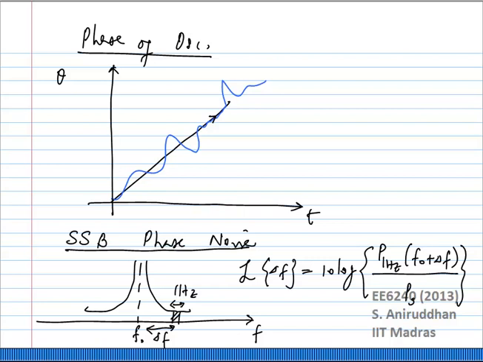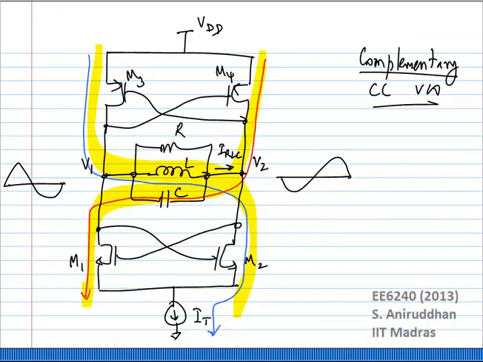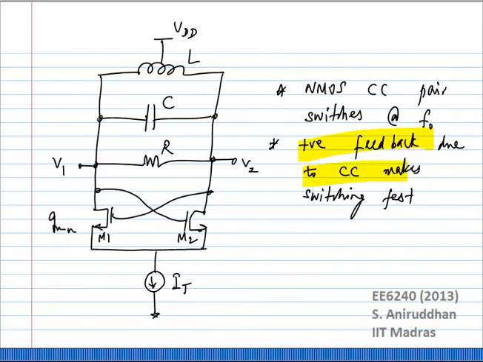Now you understand the significance of why the complementary cross-coupled pair is better. You have similar noise sources coming from the transistors and the tank. You have normalized everything else, but you get twice the amplitude. So everything else being the same, if I take this oscillator versus this oscillator, I have said I am going to normalize for the same RFIC tank, the same current IT, and the same startup gain.